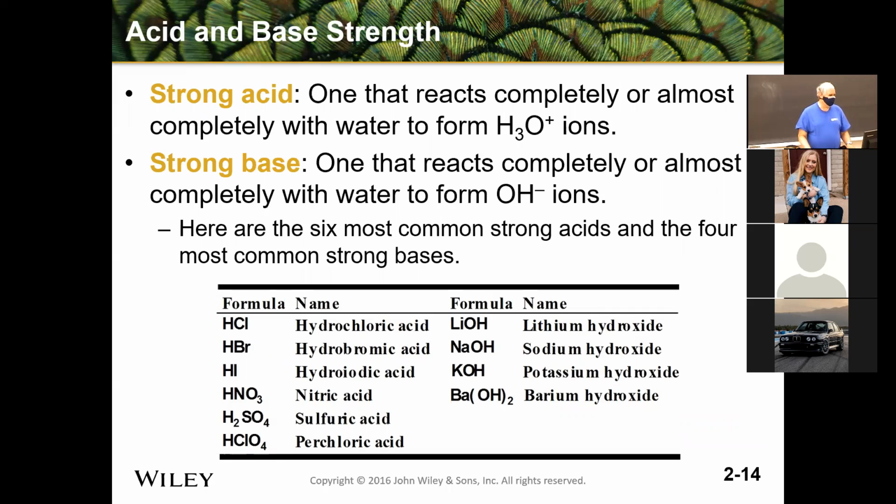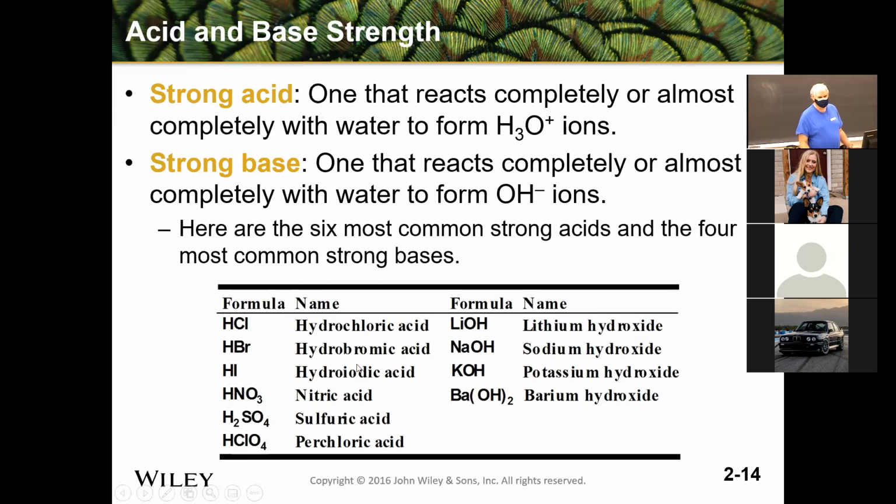Understand the distinction between strong acids and weak acids. Okay, so a strong acid is one that completely or almost completely ionizes to form hydronium ions. Okay, these are strong acids.